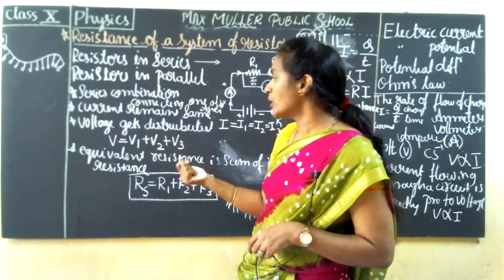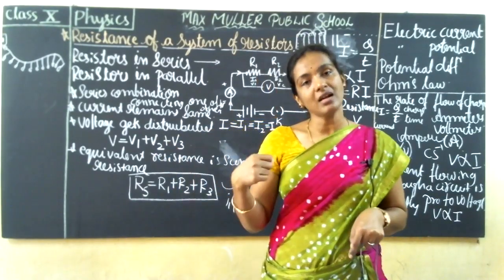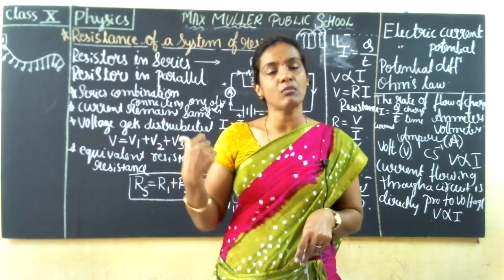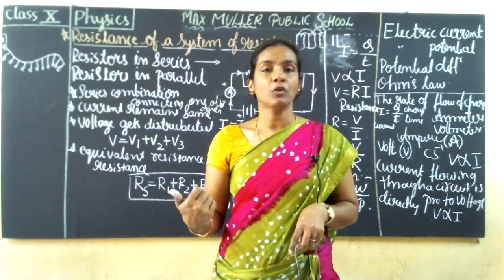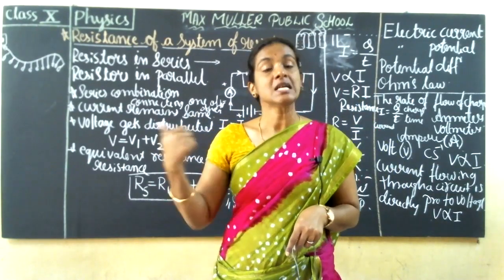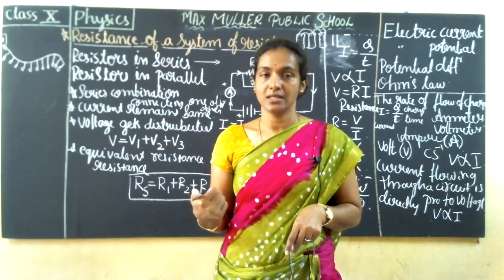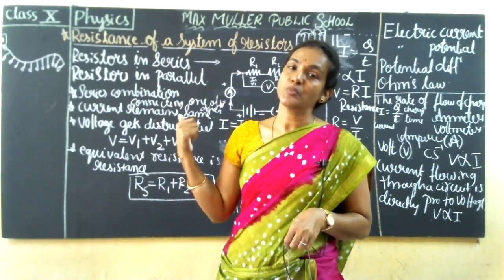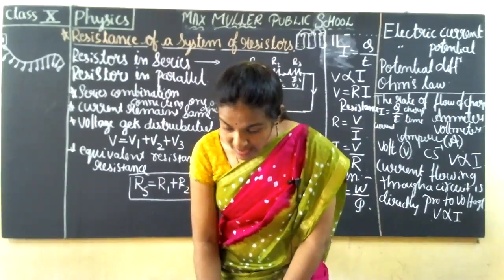The fourth point is, if you want to find the equivalent resistance, it is the sum of individual resistances. Since the resistors are connected in a series, RS is equal to R1 plus R2 plus R3. You will get the total resistance in the respective circuit. Clear, guys, this much?